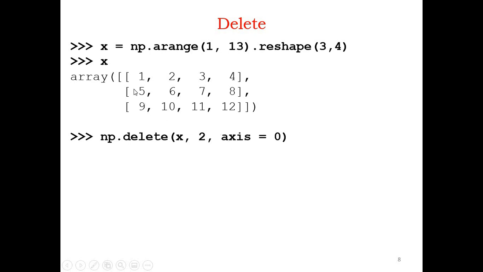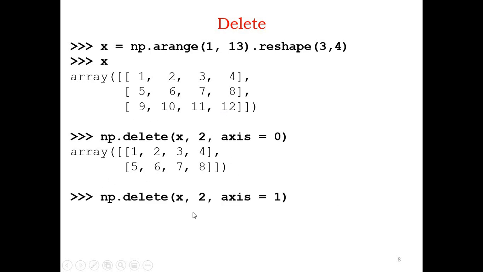Axis equal to 0 means in this vertical direction. If you go in this vertical direction, this is the 0th element, the next row is the first element, and this is the second element. So it is telling you that you delete the element at position 2. That means the result will be the last row will be deleted.